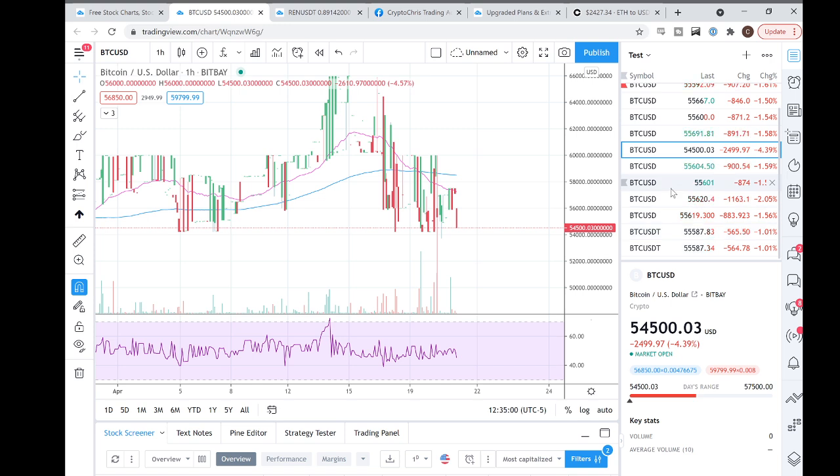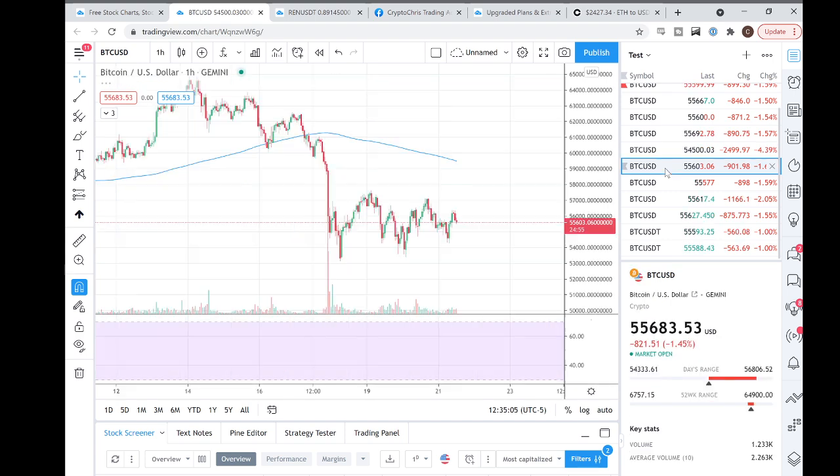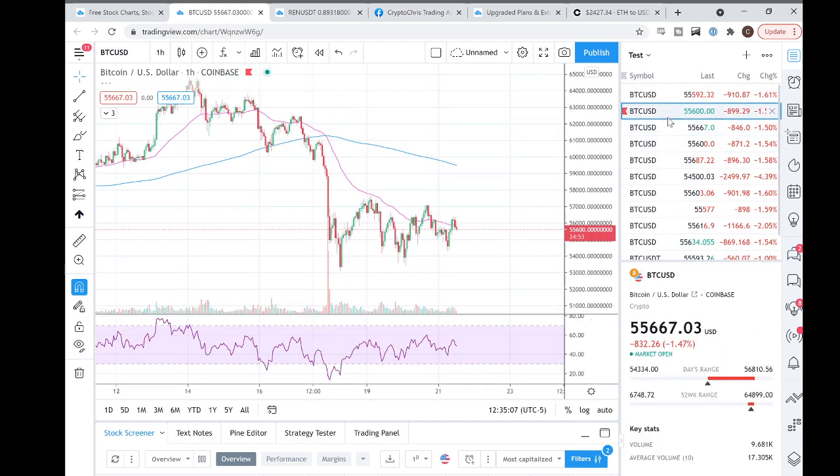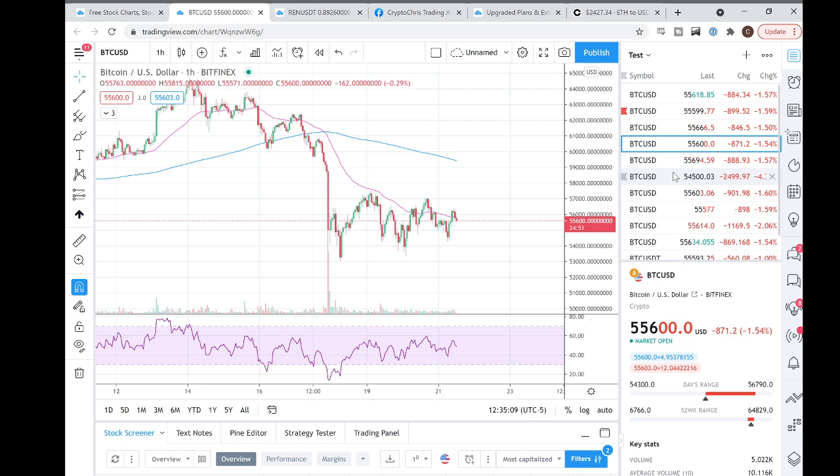Why is that? The reason why is because each and every exchange is an entirely different entity, okay? There are different buyers and sellers on each of the exchanges. And because there are different buyers and sellers on different exchanges, the price on each exchange is going to be different from each other. So whoever's offering money or offering Bitcoin or offering to buy Bitcoin on one exchange is probably not likely to be buying it on a different exchange.